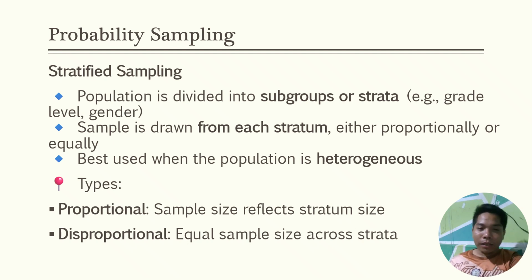In proportional stratified sampling, the proportion from the total population is taken into consideration, while in disproportional stratified sampling, as long as there is an equal number in each stratum, that's already your sample.